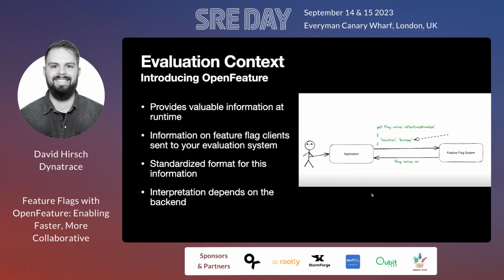All right, so 2 out of 4. We're getting to the third piece of the puzzle: our evaluation context. We spoke at the beginning and said feature flags could be glorified if statements. Sure, yes, but we can also have a lot more elaborate, or even dynamic, evaluation contexts.